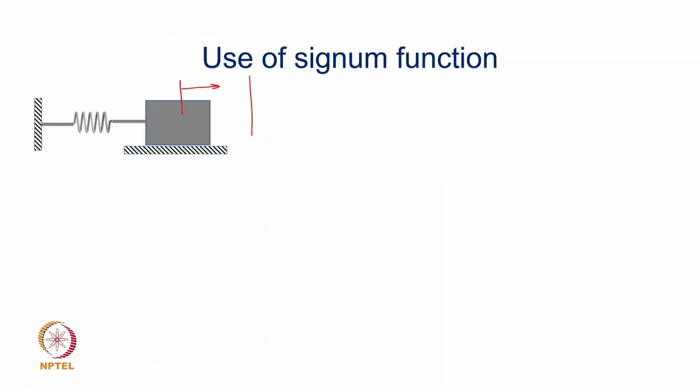And finally, let us look at how we can combine the two equations of motion, the one in the first half cycle and the other in the next half cycle, using a function called the signum function. Now, for that to happen, let us take another look at how the motion has been happening.